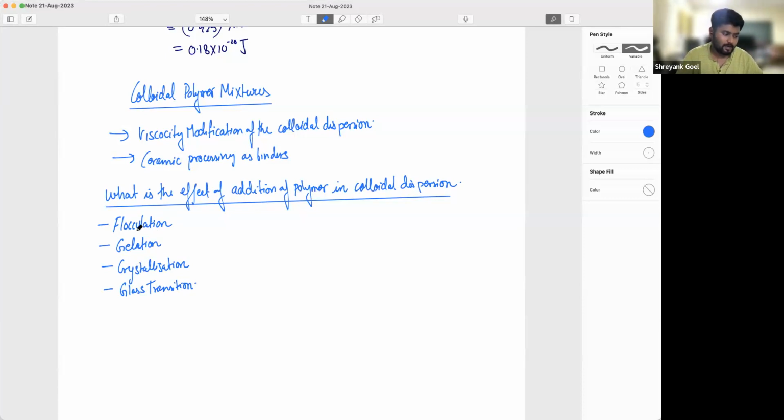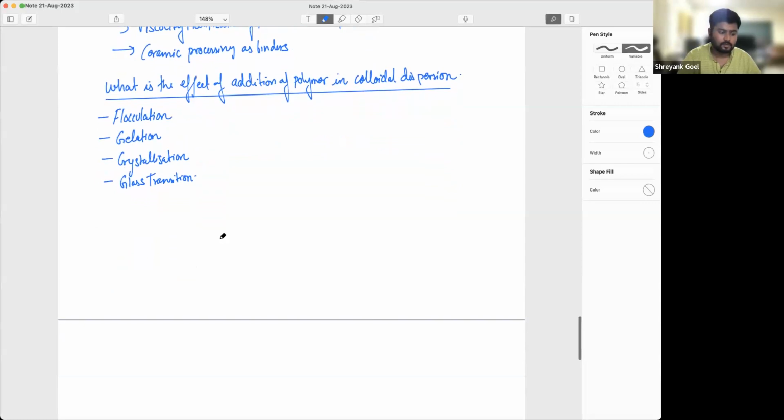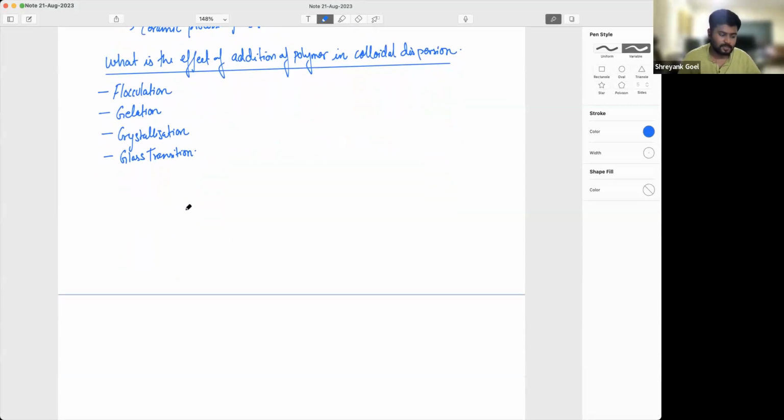And what are the parameters that control the phase behavior of colloid polymer mixtures? The most important parameter is q, that is defined in the lecture as the size of the polymer to that of the size of the colloidal particles.